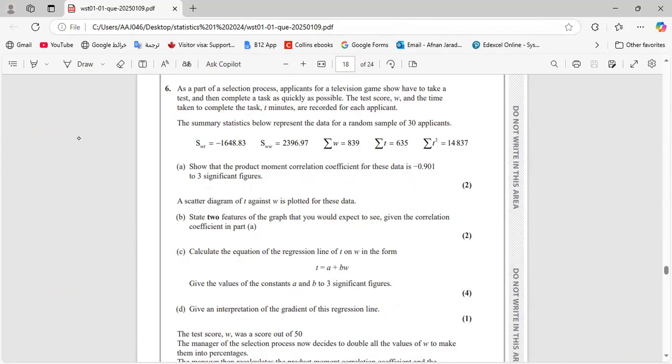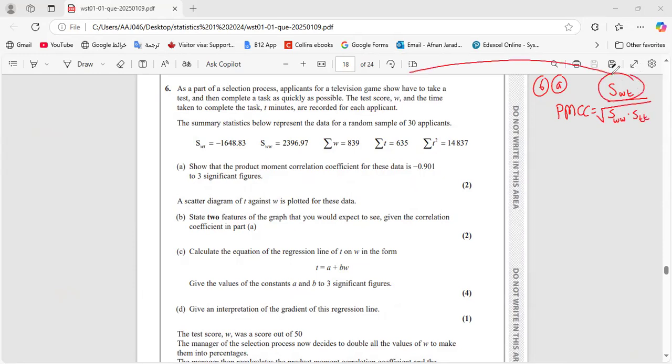Question 6A. The product moment correlation coefficient equals SWT over the square root of SWW times STT. I have SWT, which equals negative 1648.83, and SWW, which equals 2396.97.